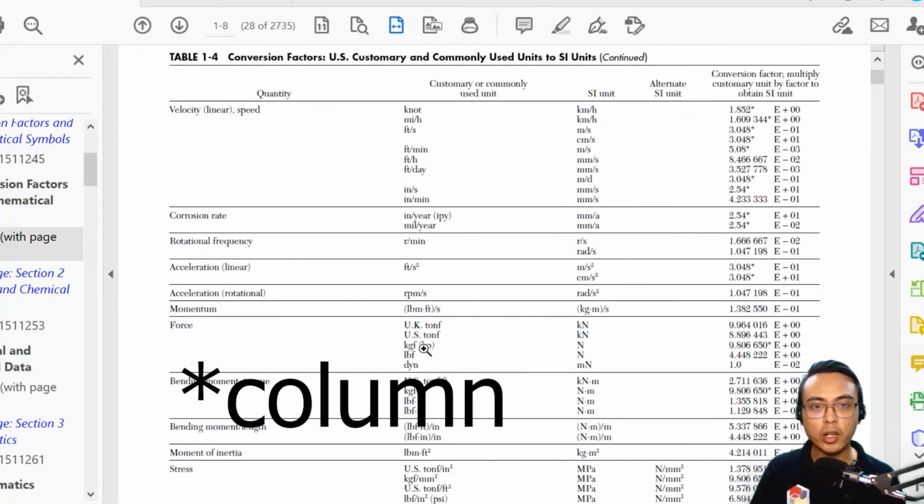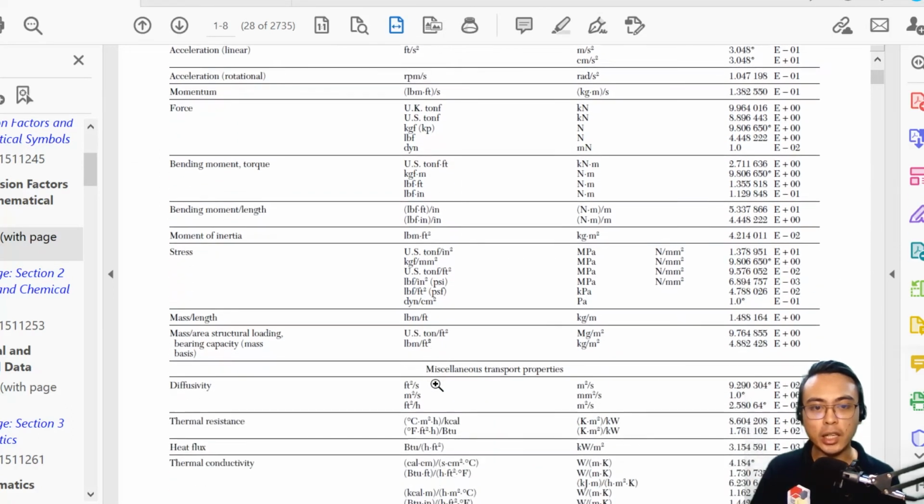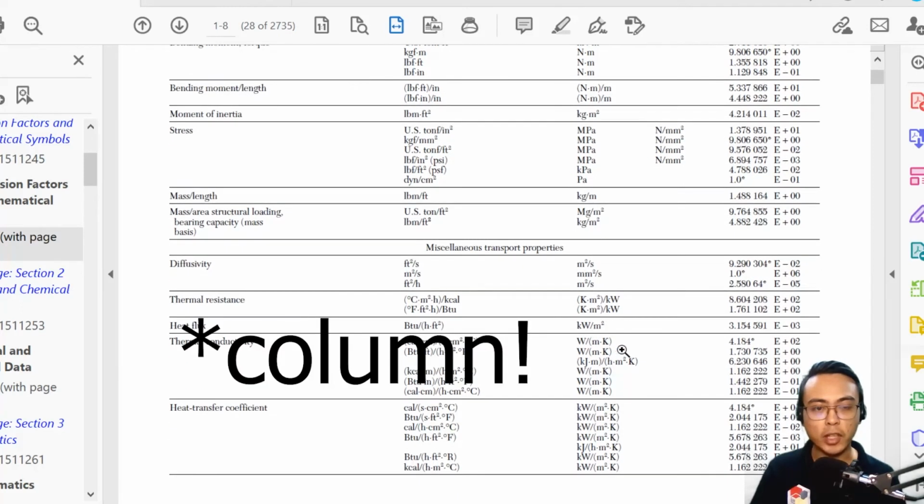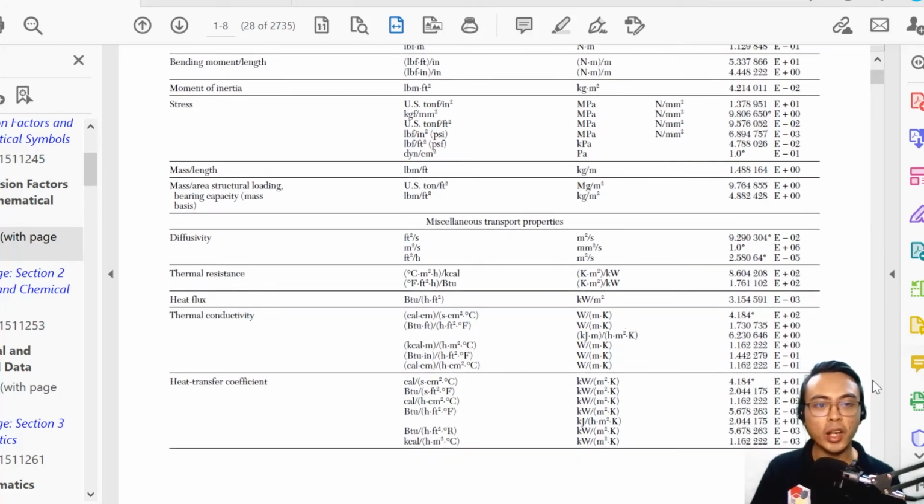On the first row here, we have the units in English system. On the second row, we have the units in the SI system. And this is the factor that we need to multiply in order for us to convert. So our obtained value is in BTU per hour per feet per degrees Fahrenheit. We want to convert it to watts per meter per Kelvin. Therefore, we should multiply the value by 1.73.